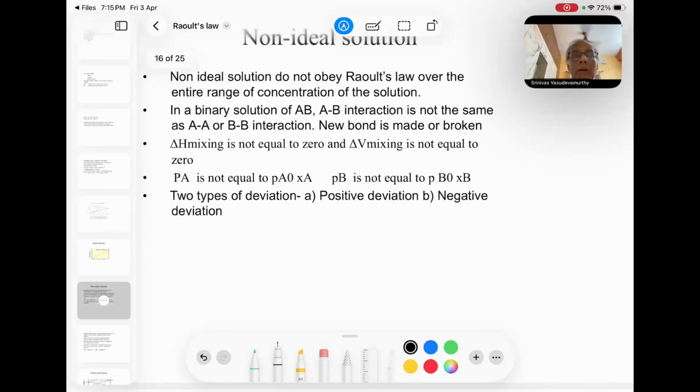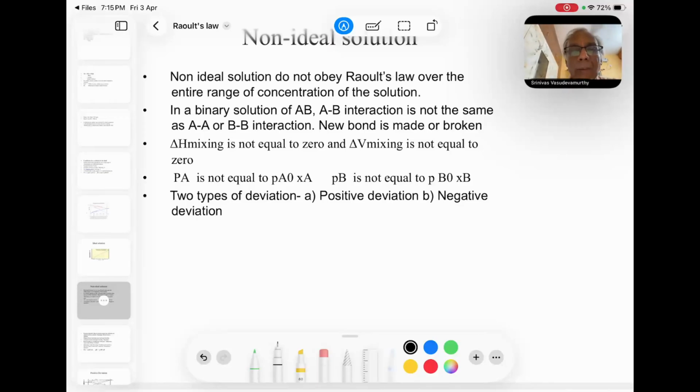Right? Now let us see what we mean by a non-ideal solution. A non-ideal solution is one which does not obey Raoult's law over the entire range of concentration. Either a hydrogen bond is formed or a hydrogen bond is broken, and that is the reason it is not ideal.